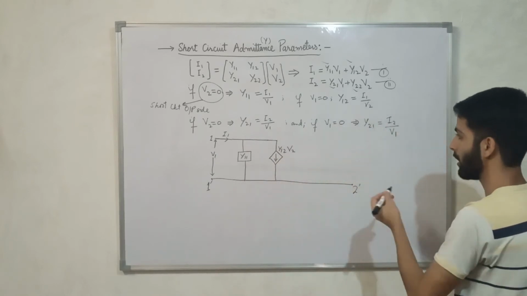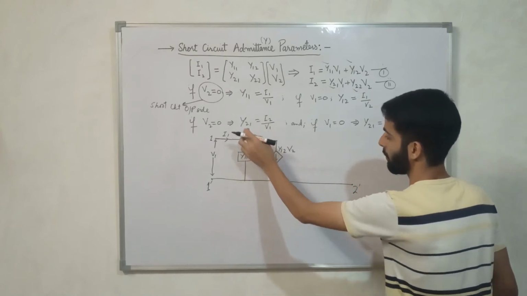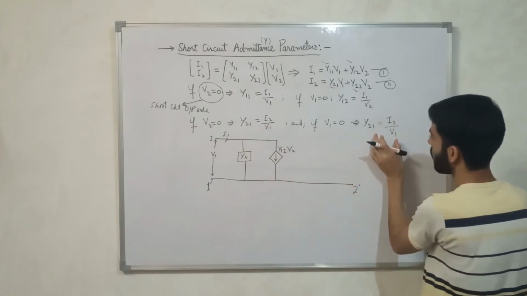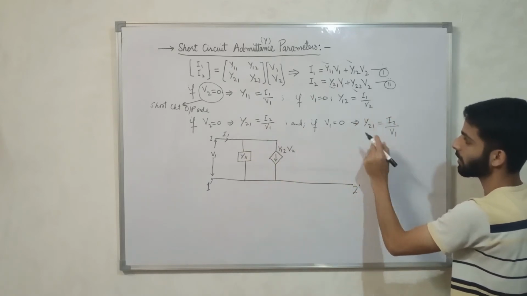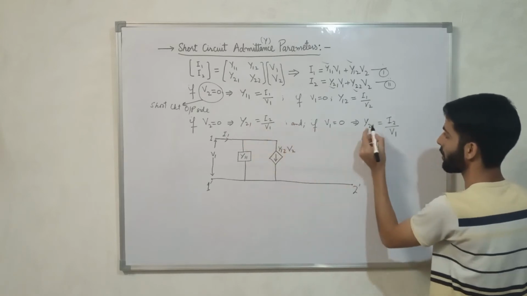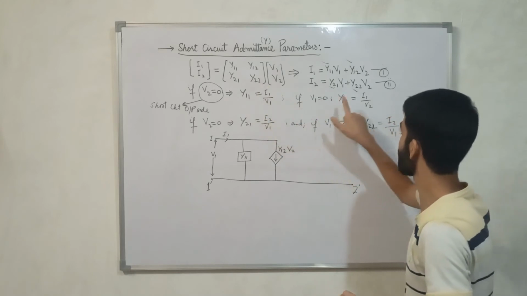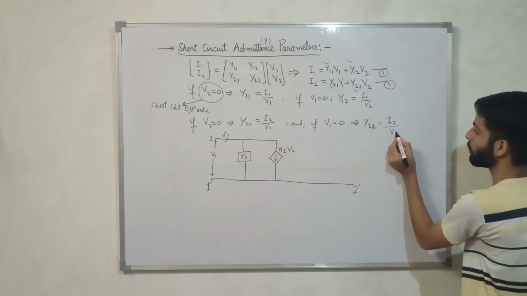The same will be on the output side. Y21, Y22. Coming to this equation first, on the output side. This was Y21. This was Y22. Y22 was I2 upon V2.